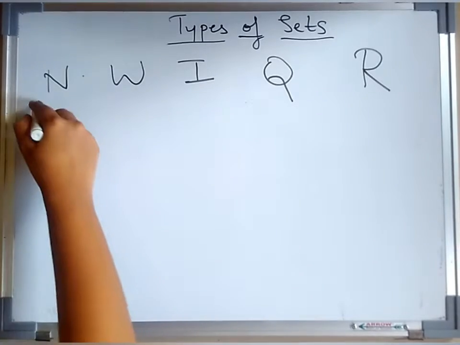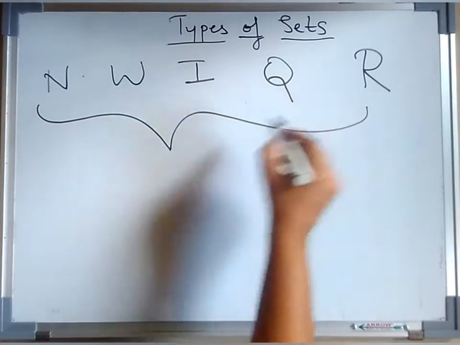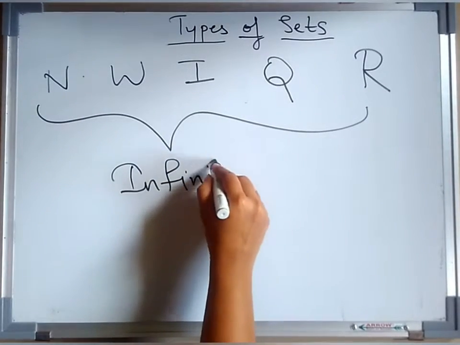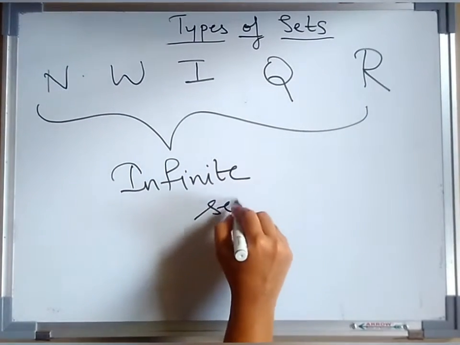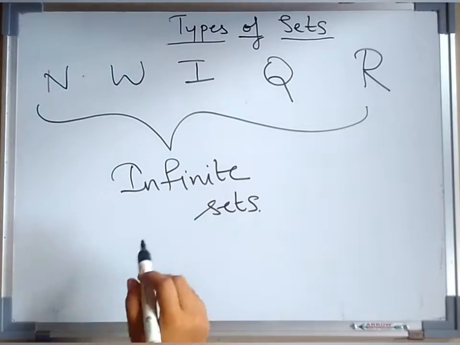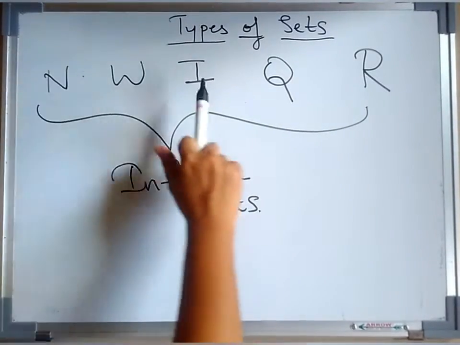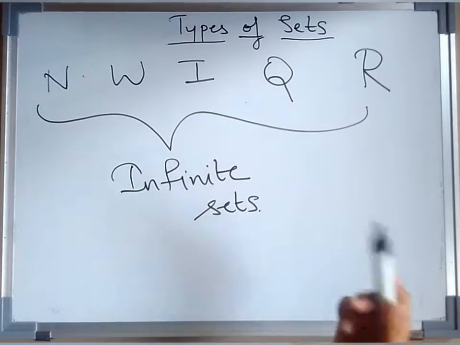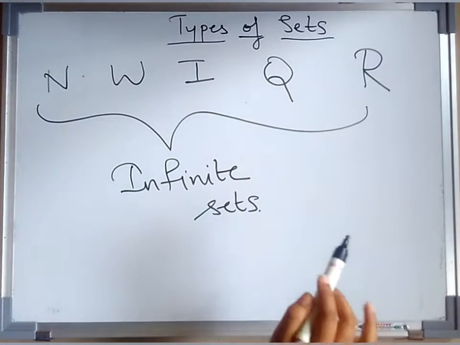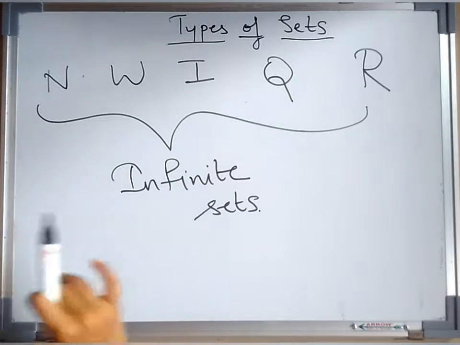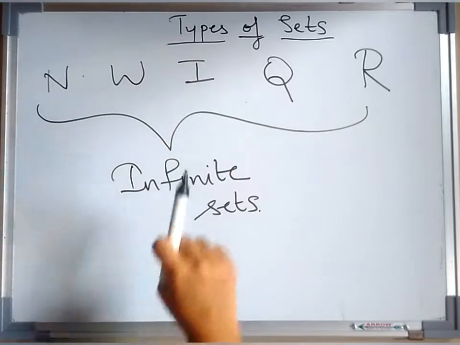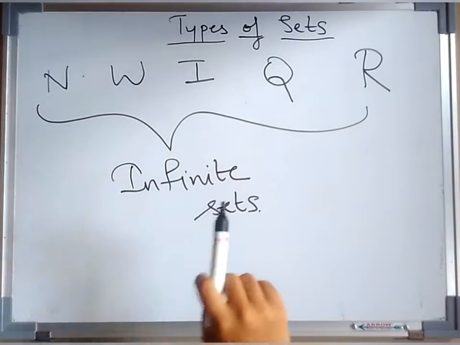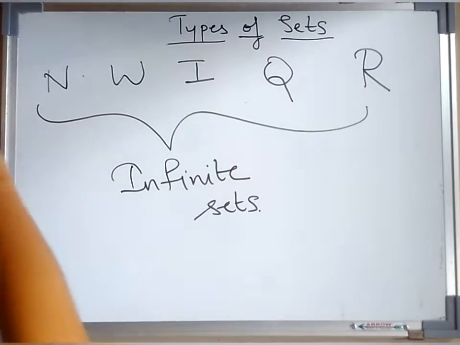If you observe, all these sets of numbers are infinite sets, because there are unlimited elements in all these sets. We cannot tell the number of elements belonging to each set. We cannot count the elements in each set, right? 1, 2, 3 until infinity. All these sets are infinite sets.